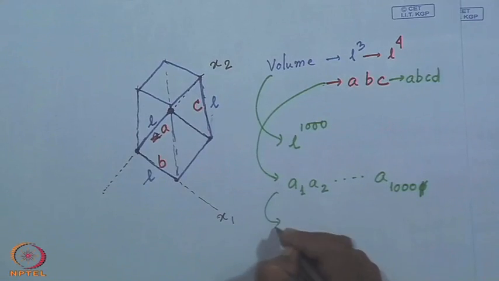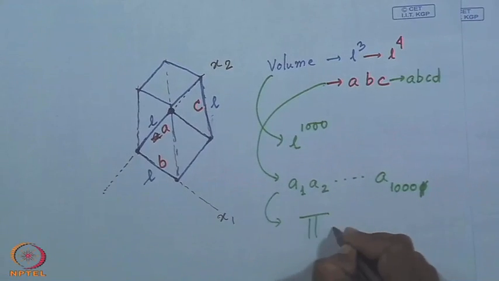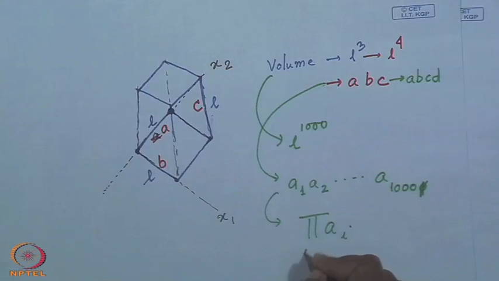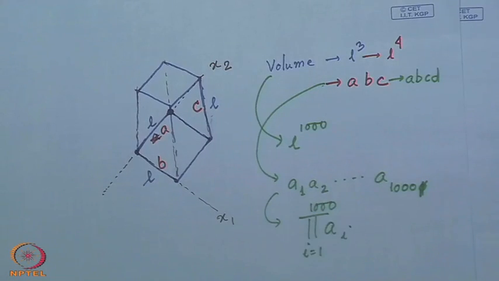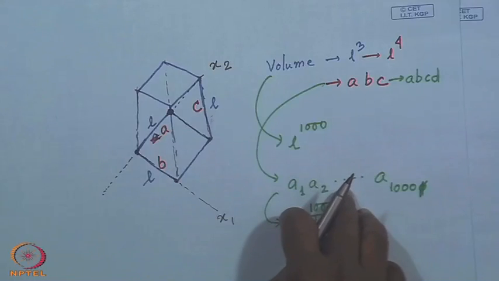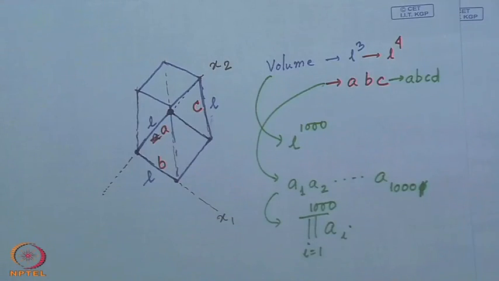So, I can simply represent this as the product of Ai, i equal to 1 to 1000. So, this will be the volume of the hyperparallelogram in 1000 dimensions.